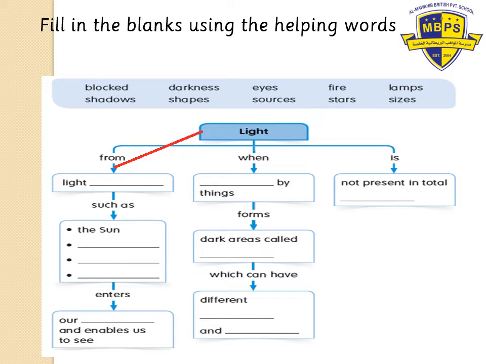Fill in the blanks using the helping words. I will have this diagram and I will have missing words. The missing words will be in the blue area, as you can see. I have the words. I will read them and try to repeat after me.